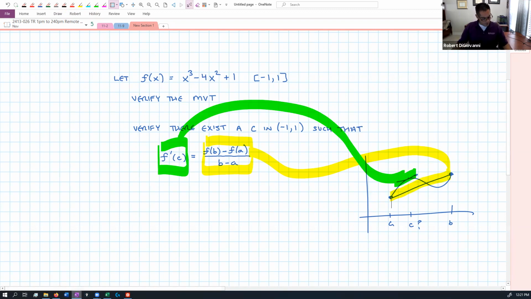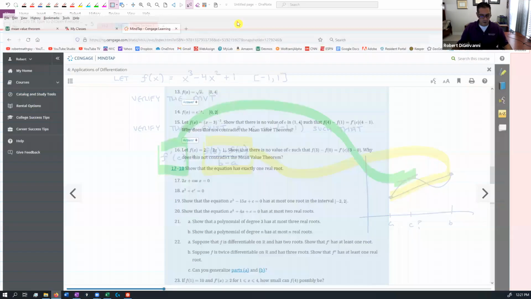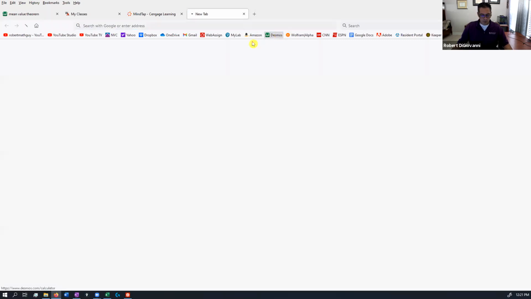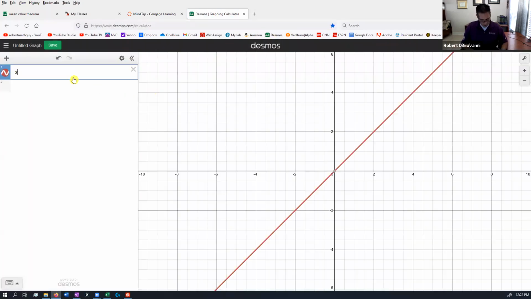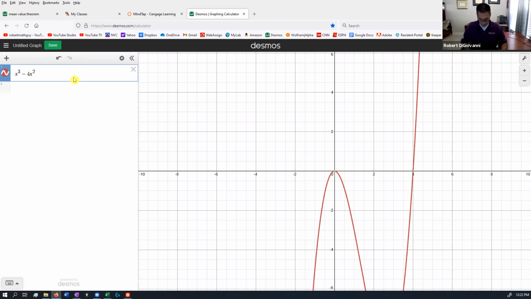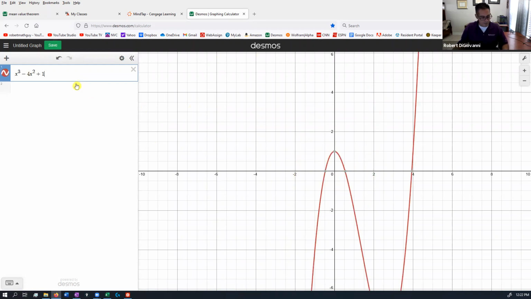Let me bring up a graph. Let's take a look at this. Let's do x cubed minus 4x squared plus 1. Okay, there's the graph, and we're only looking at it between -1 and 1. There it is. Okay, hold on a second.